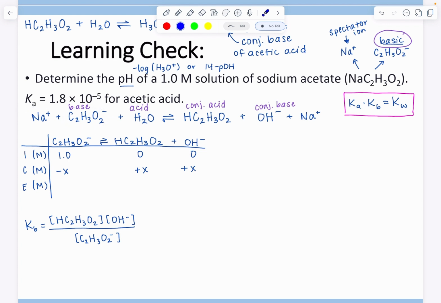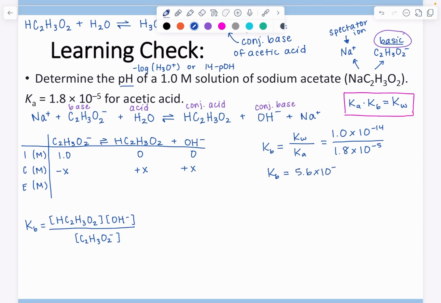We can find the value of Kb by using this relationship. So let's find Kb. Kb is equal to Kw divided by Ka. Kw is this known value, also on the periodic table sheet, 1 times 10 to the negative 14. Ka is provided, 1.8 times 10 to the negative 5. So Kb is equal to 5.6 times 10 to the negative 10.